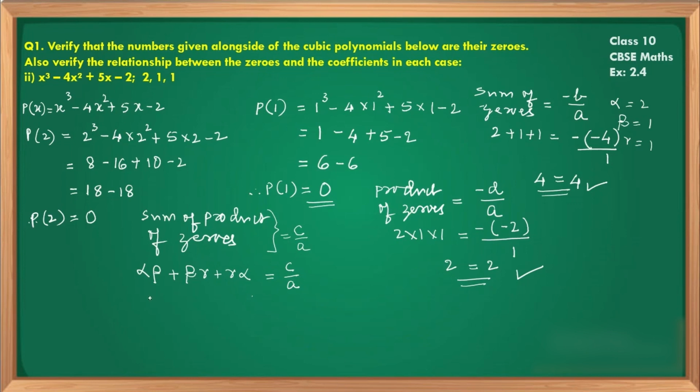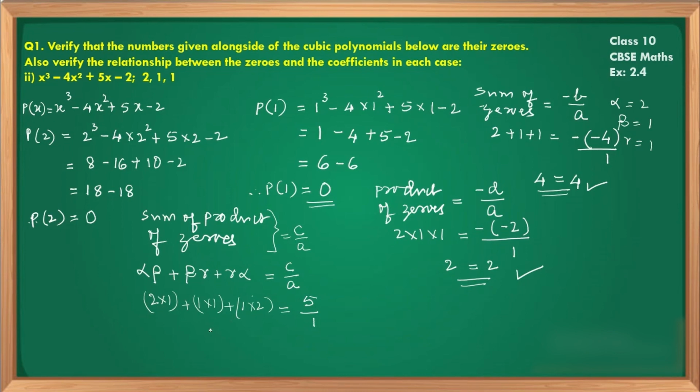Alpha beta is 2 into 1 and beta gamma is 1 into 1 plus gamma alpha is 1 into 2 is equal to c. C is nothing but plus 5, divided by a. A is coefficient of x cube, that is 1.